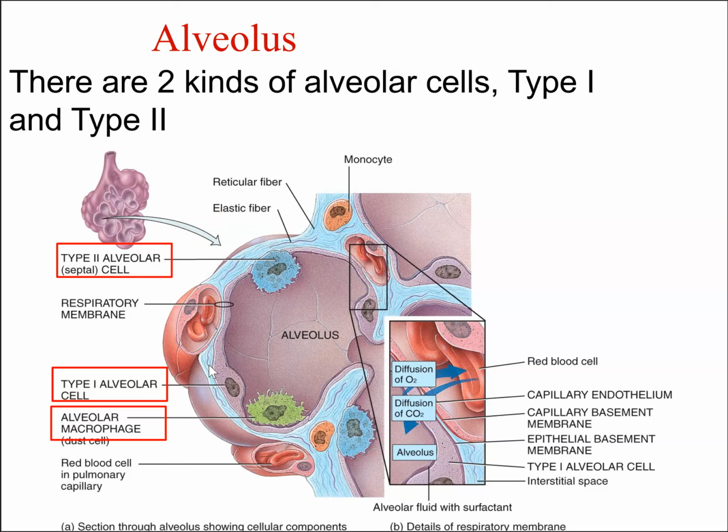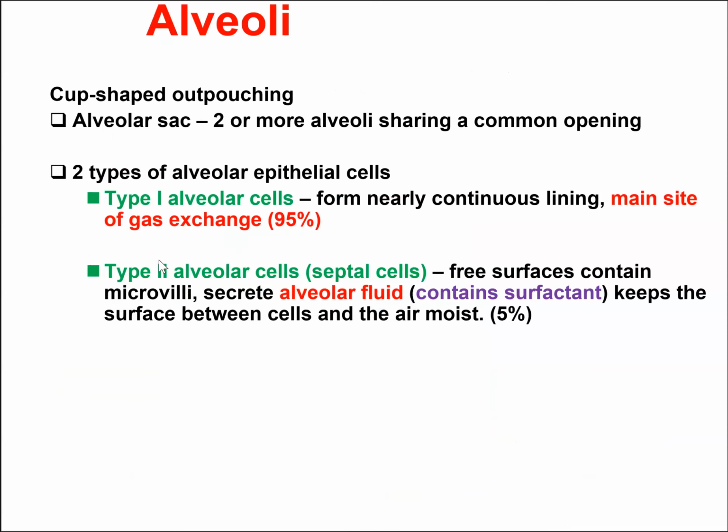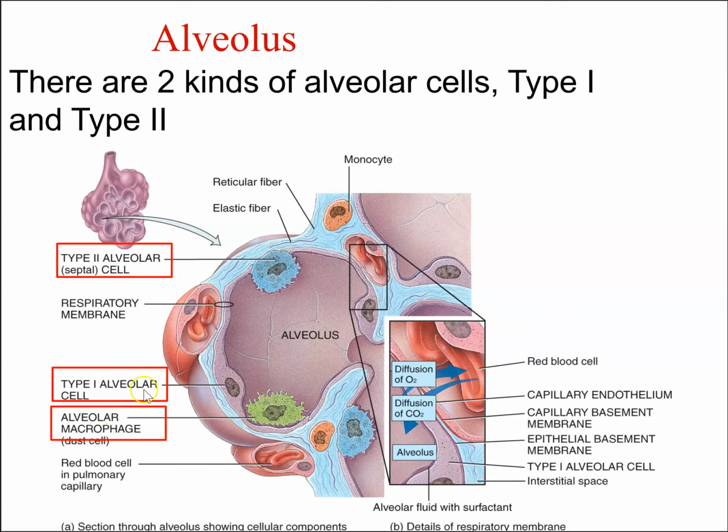Now, the alveoli themselves are cup-shaped sacs which allow for gas exchange. So you only have simple squamous epithelial cells over here. There are two main types of alveolar cells: type 1 alveolar cells and type 2 alveolar cells. Type 1 alveolar cells are where 95% of gas exchange occurs.